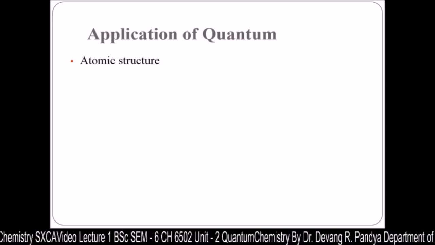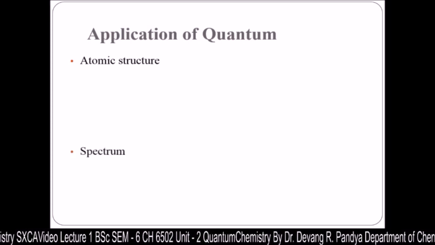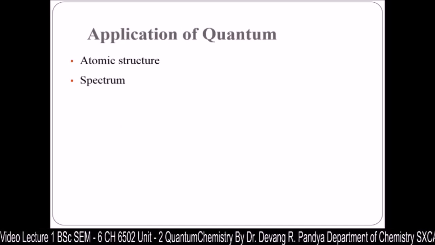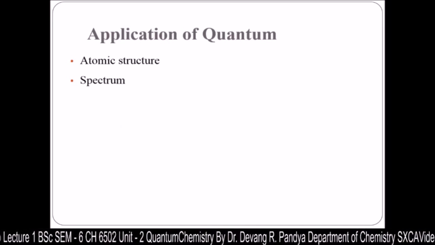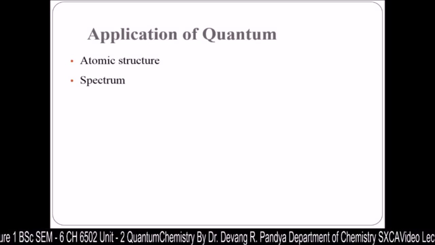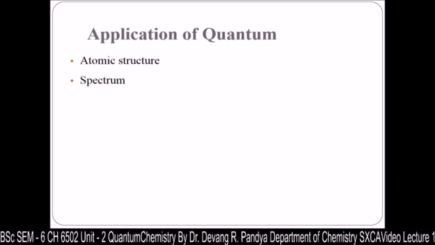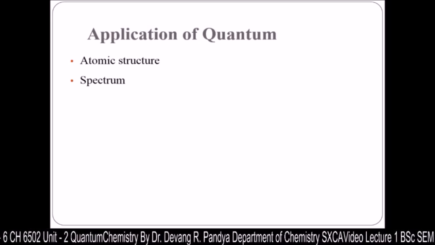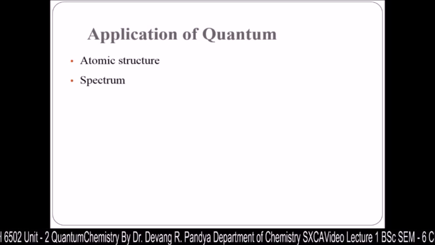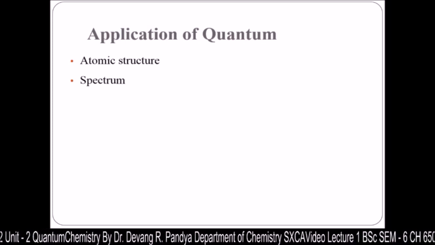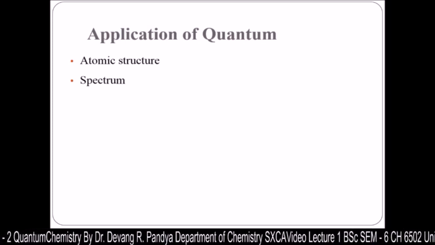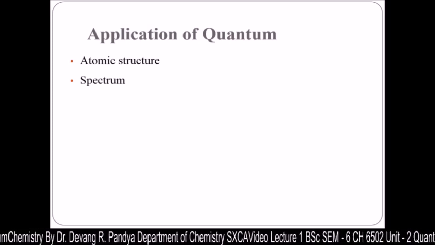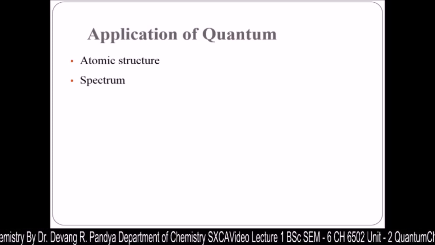So to describe atomic structure we need to study quantum. And when you have an idea of the electron behavior within the atom, you can study how the atom converts into a compound. And in this compound or atom, when you provide energy and electron excitation takes place, you study the spectra. So in spectroscopy, to study the spectra, you can use quantum.